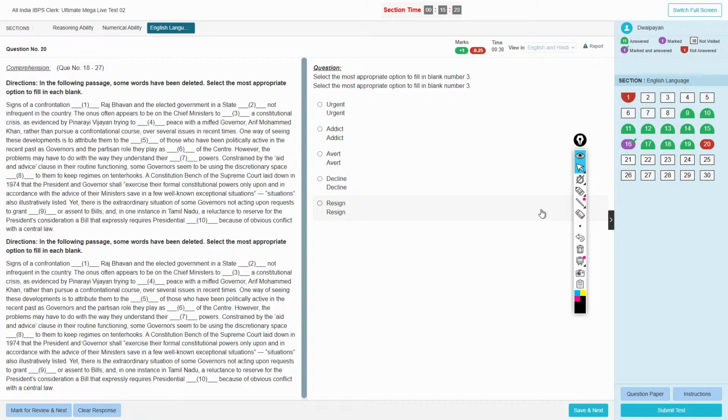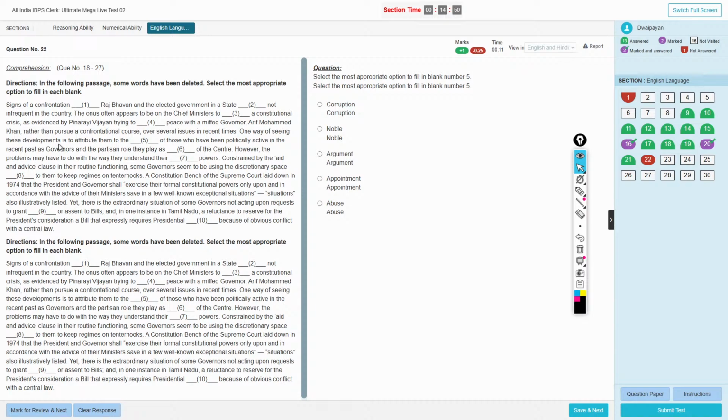To avoid a constitutional crisis, as evidenced by Pinarayi Vijayan trying to buy peace with the Governor, definitely an infinitive will follow, buy peace with the Governor rather than pursue a confrontation course over several issues in recent times.